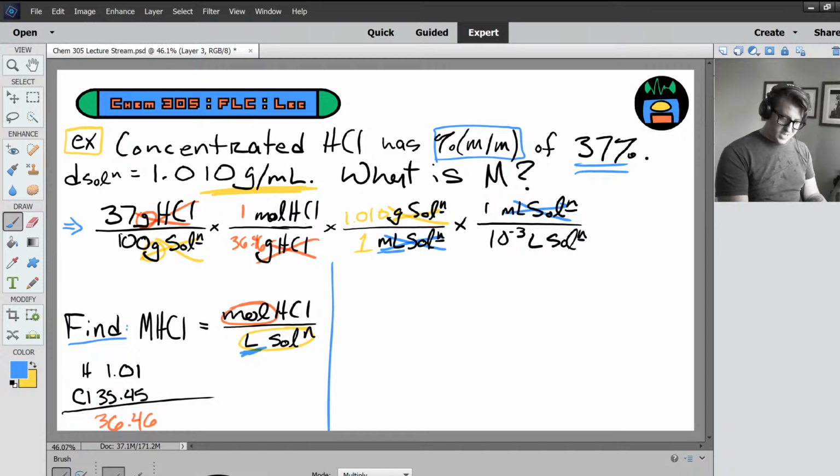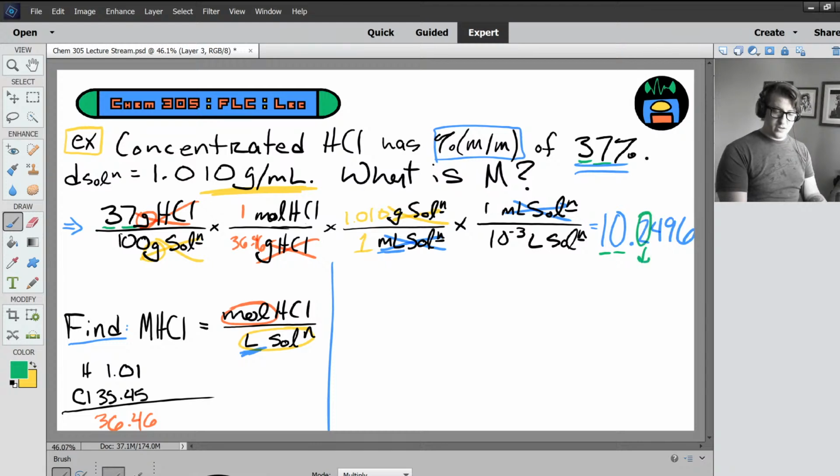All right, and the number that I'm getting is 10.2496, right? But we can only keep 2 sig figs because our initial percent mass only has 2 sig figs. So we keep our first 2 and round down.